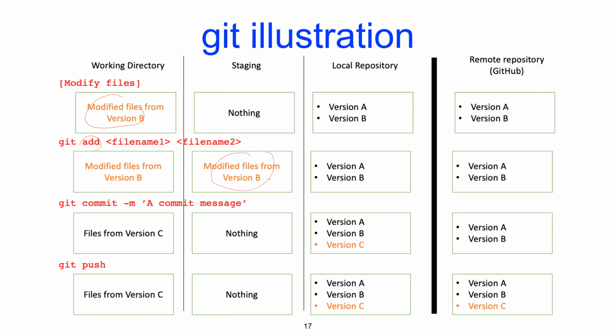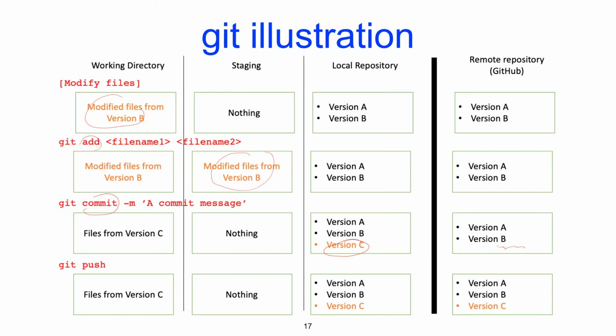Then you can do commit. Commit is saying, I'm ready to commit the current version, ready for submission. Once you do commit, remember, you only commit to your local one. The remote one doesn't have anything.